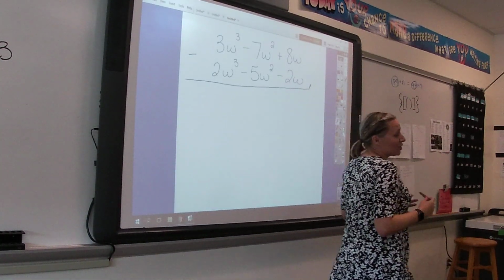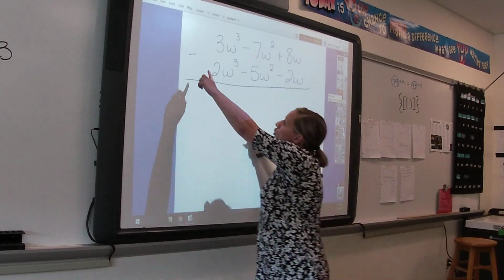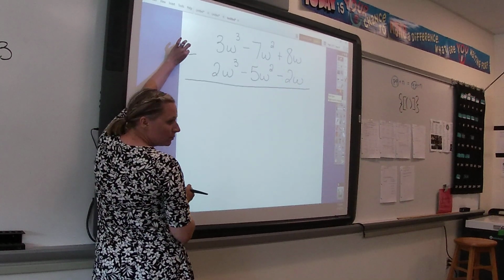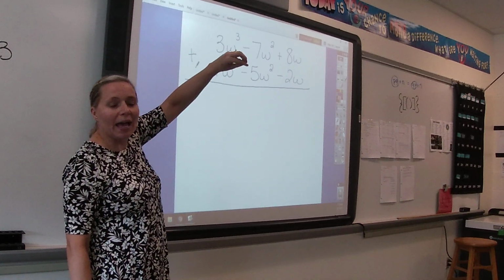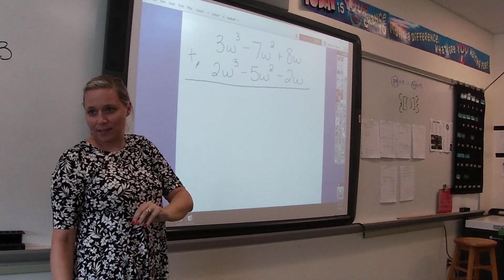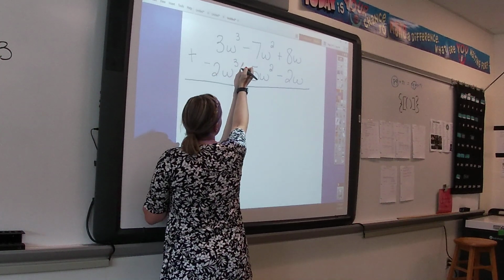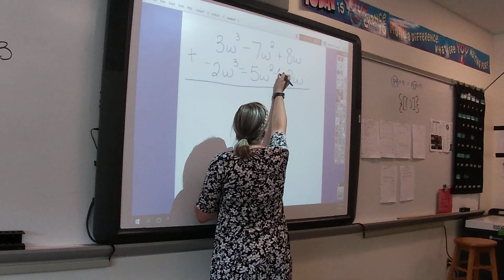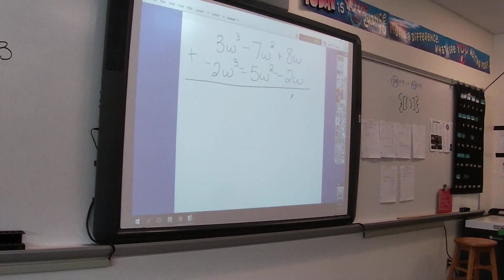Here's the easiest way I tell my students to think about it: change this to addition and then write your subtraction sign in all 3 places.